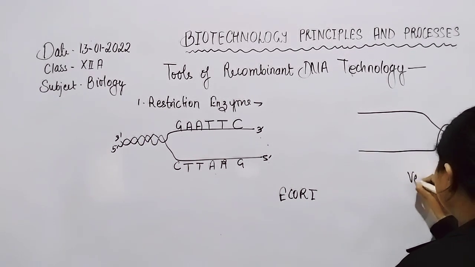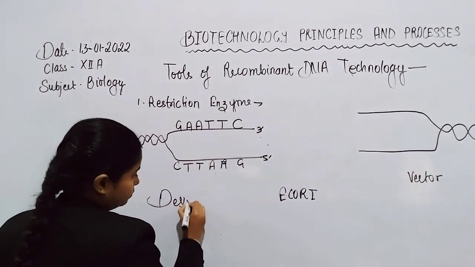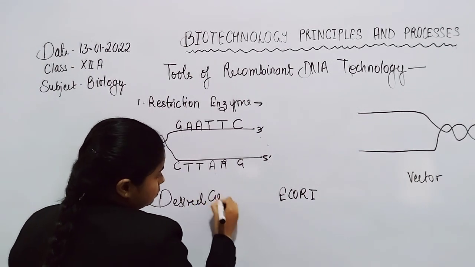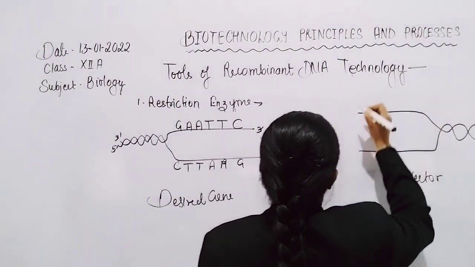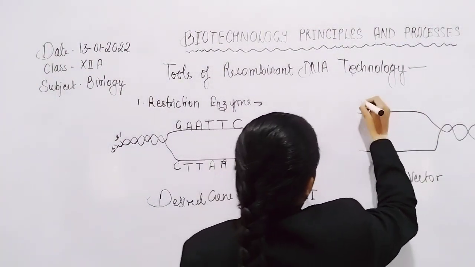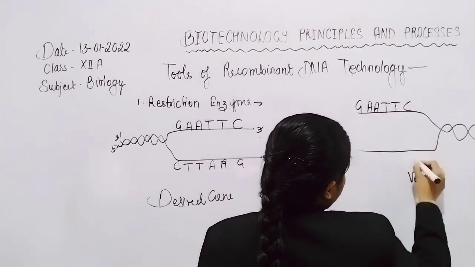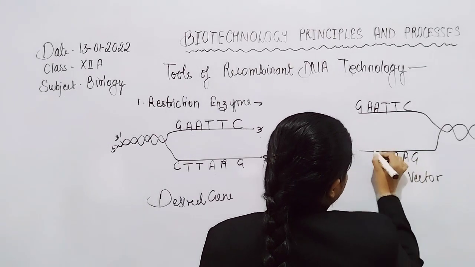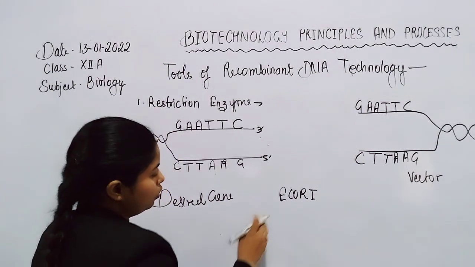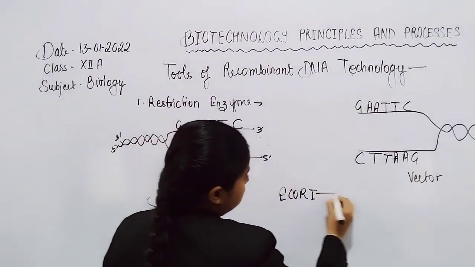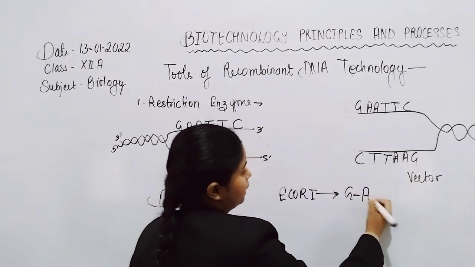Here is the vector, and here is the desired gene. Now here is again GAATTC. Now EcoRI first cuts the phosphodiester bond present in between the G and A.